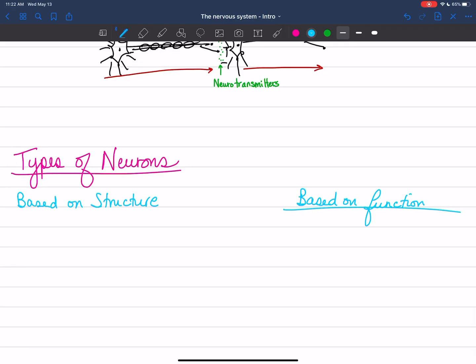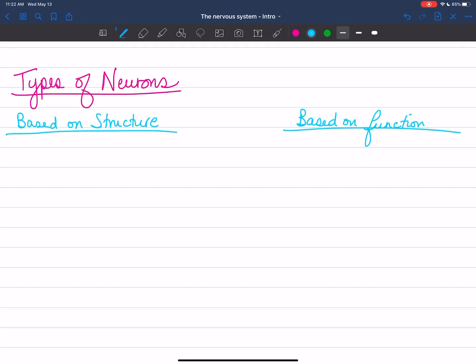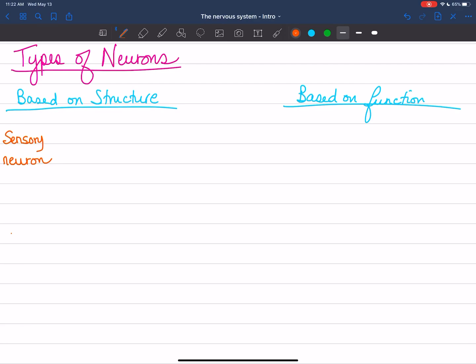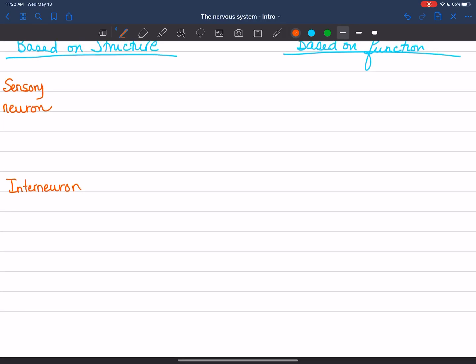And in a way, just by drawing them, it's going to be based on looks as well. Okay, and we're going to start with a sensory neuron. That's structure. And then interneuron. And finally, we're going to have motor neuron.